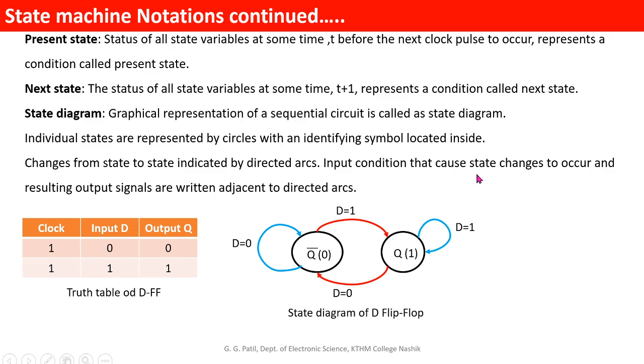The input conditions that cause the state to change, and the resulting output signals, are written adjacent to the directed arcs, as they are written here: D equals 1, D equals 0. The input condition that causes the state change is written here, and the output is also written on the same line after a slash.